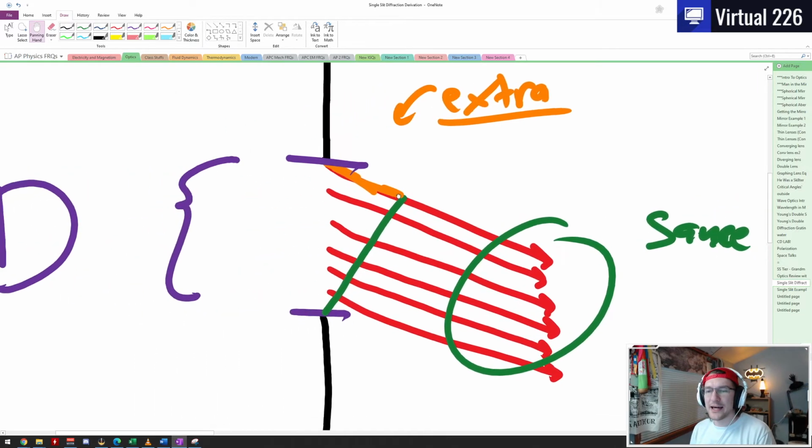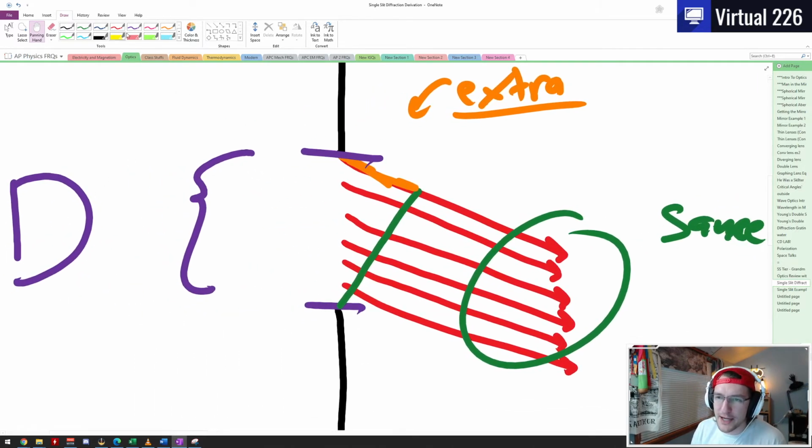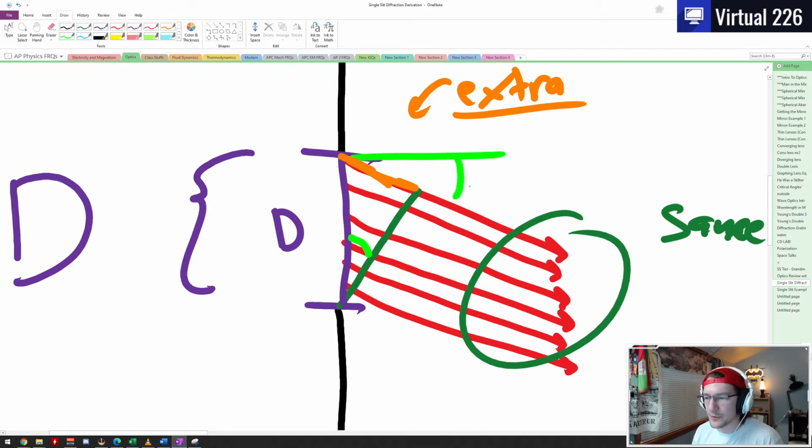Now, if we take a look at what we have here, look at this capital D. This capital D, remember, is this long side of our triangle. And it appears that this angle within here is the same angle that these have deviated downwards, which means that this extra side here is equal to D sine theta.